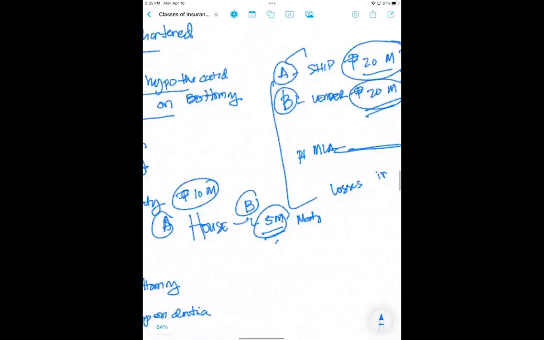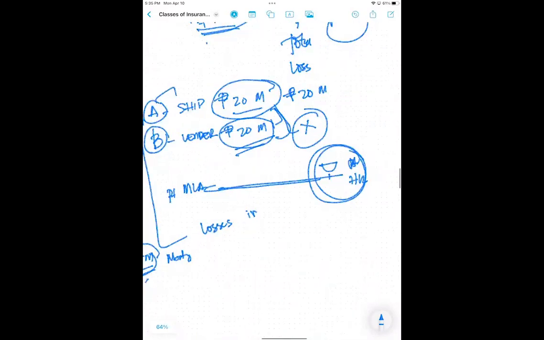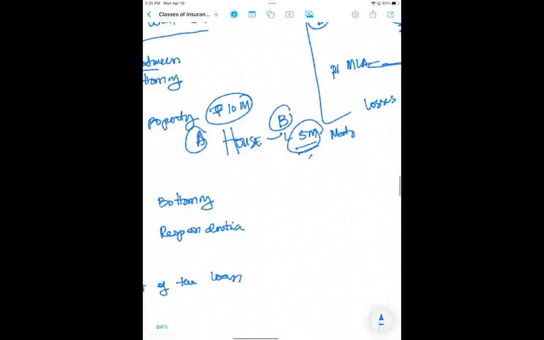Nabalik tayo dito. Supposing that the ship is worth 20 million, and the amount of the loan is not 20 million, but only 10 million. How much can A insure the ship? A can still insure the ship for 10 million pesos. Okay? But why not?